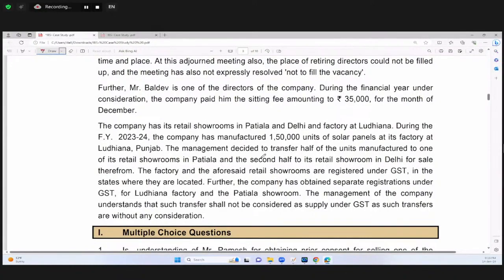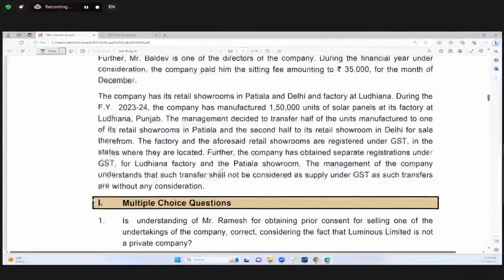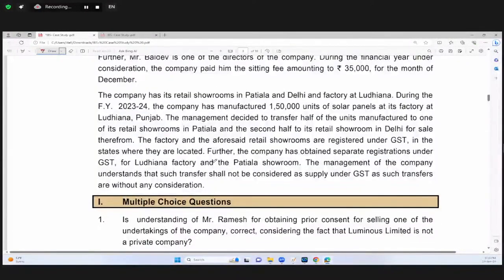The management decided to transfer half of the units manufactured to one of its retail showrooms in Patiala and the second half to its retail showroom in Delhi for sale therefrom. So the factory and aforesaid retail showrooms are registered under GST. तो ये तो clear cut GST का मामला है in the states where they are located. Further, the company has obtained separate registrations under GST for Ludhiana factory and Patiala showroom.